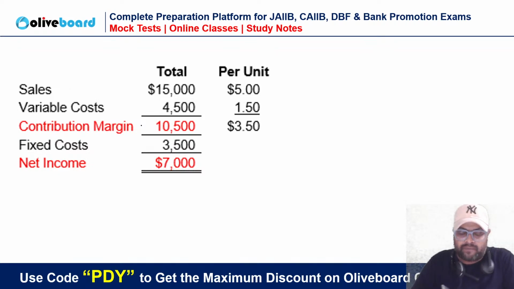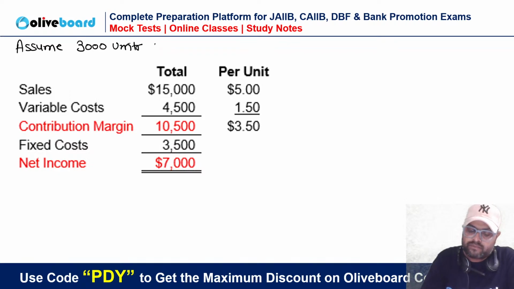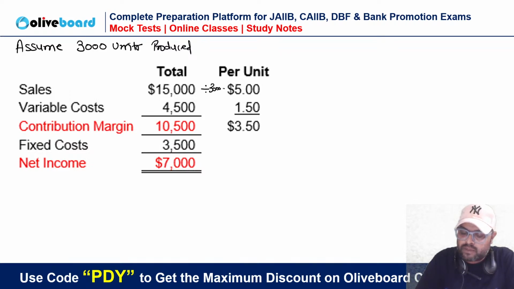So if we assume in this calculation that 3,000 units are produced, and I divide 15,000 by 3,000, I have a per unit sale price of rupees 5.